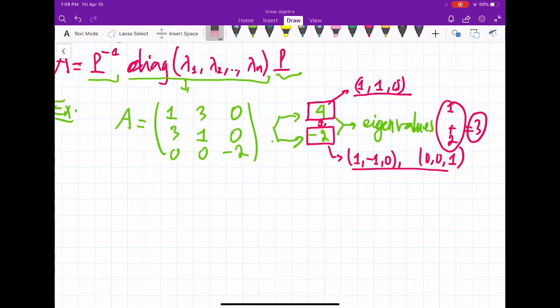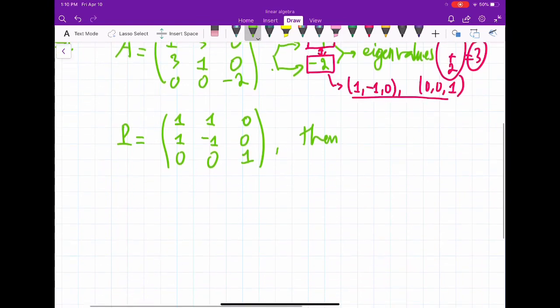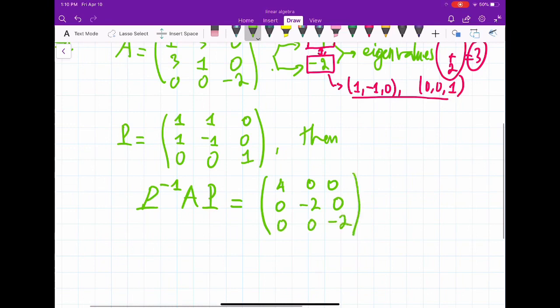If we put P equal to [1, 1, 0], [1, -1, 0], [0, 0, 1] as columns, then we have P^-1 A P equal to [4, 0, 0], [0, -2, 0], [0, 0, -2].